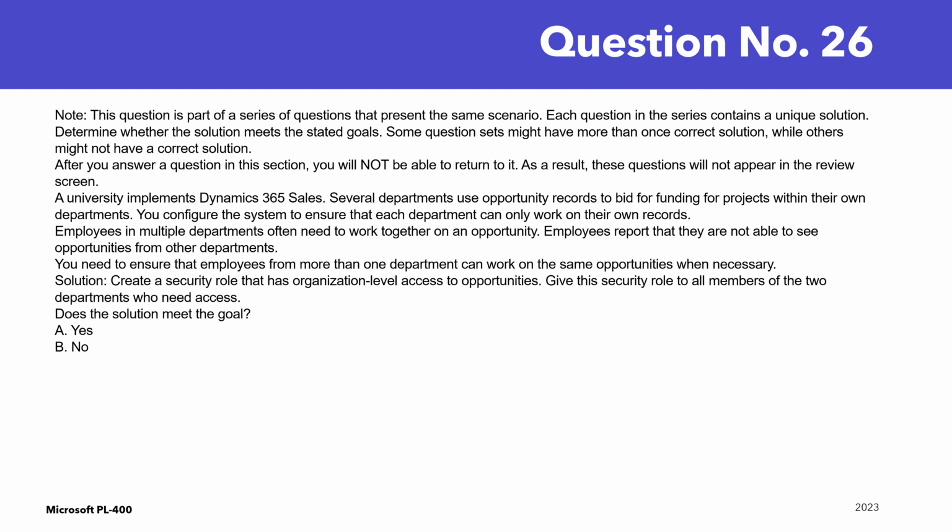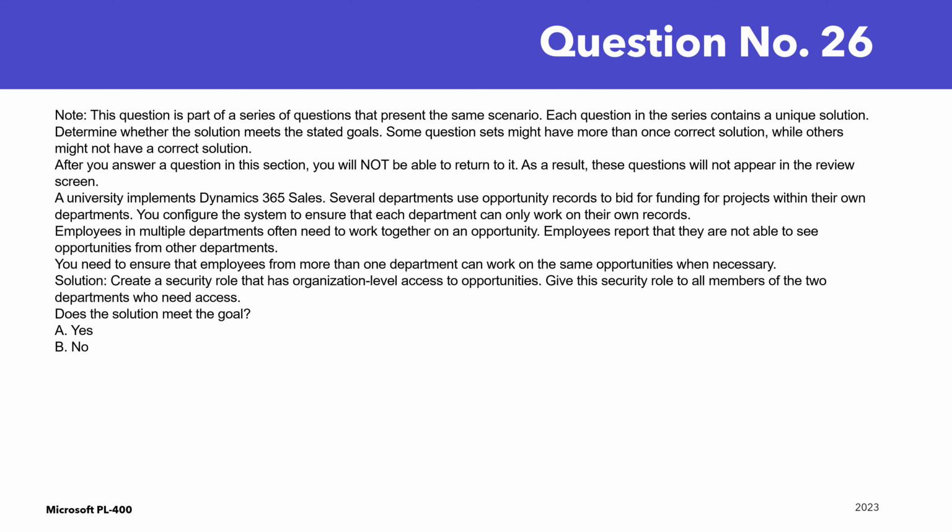A university implements Dynamics 365 Sales. Several departments use opportunity records to bid for funding for projects within their own departments. You configure the system to ensure that each department can only work on their own records. Employees in multiple departments often need to work together on an opportunity. Employees report that they are not able to see opportunities from other departments.